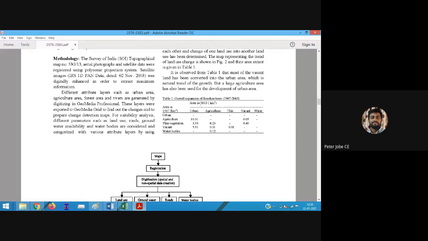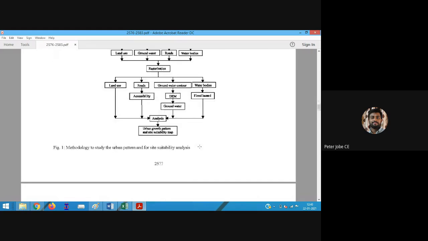Overall expansion, it has expanded like 10.31 square kilometers, and the agricultural land has become like 0.05 square meters, is the total expansion that happened. And in urban thin vegetation, urban vacant areas, water bodies, how they have changed over the years, all those things they have summarized using the table.